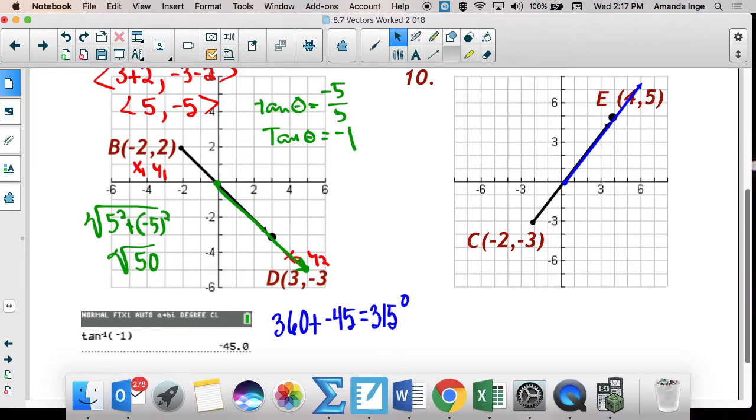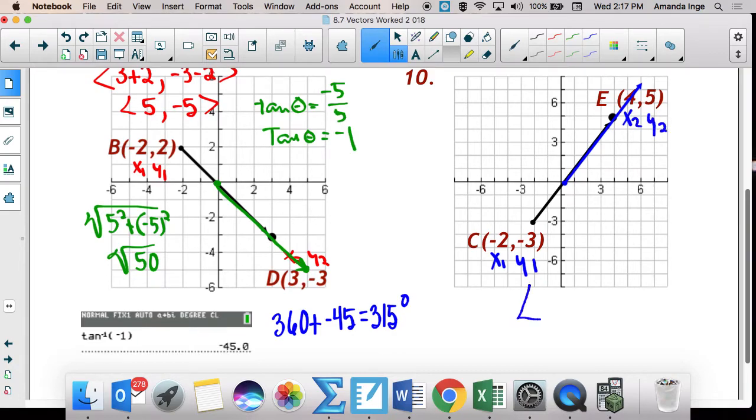Alright, so if this is the initial point, we label it x1, y1, and the ending point x sub 2, y sub 2. So the component form would be 4 minus negative 2 and 5 minus negative 3. So we would have 6 and 8.